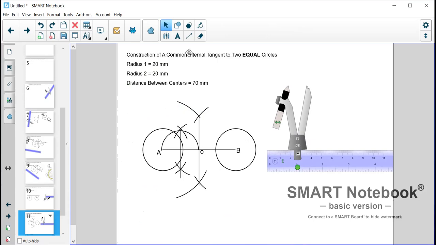Why we draw that semicircle is because we now want to have this line from A to the point where the semicircle and the circle intersect. We want to find that point. Note that this line that we just drew is one of the normals that the tangent will touch.